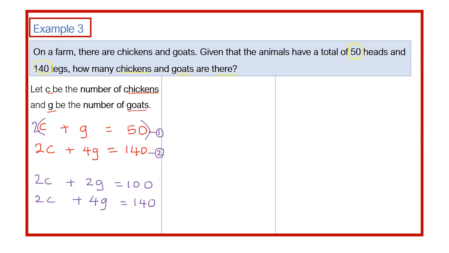Now let us eliminate C. So we will use minus, such that 2C minus 2C we get 0.